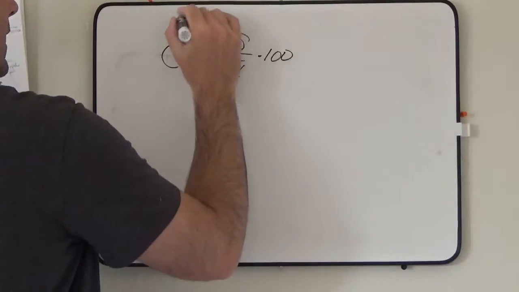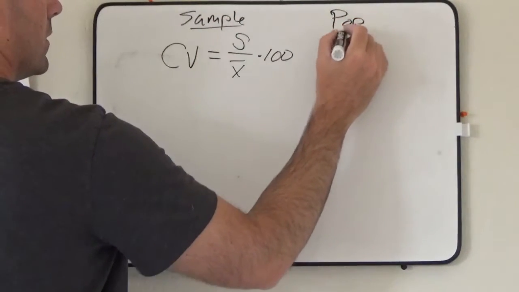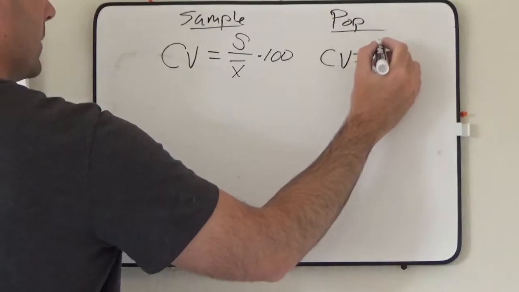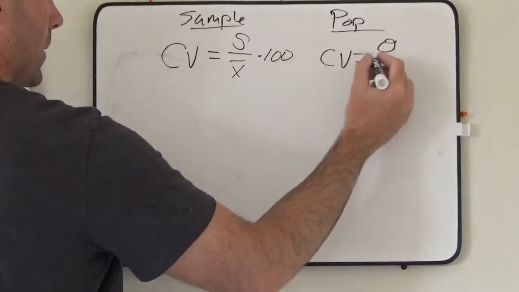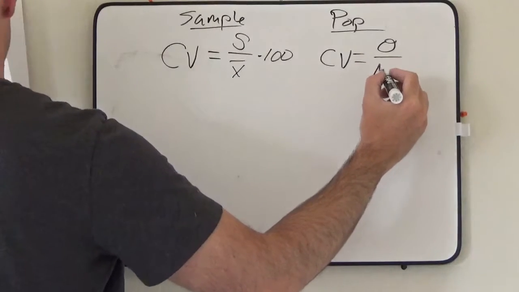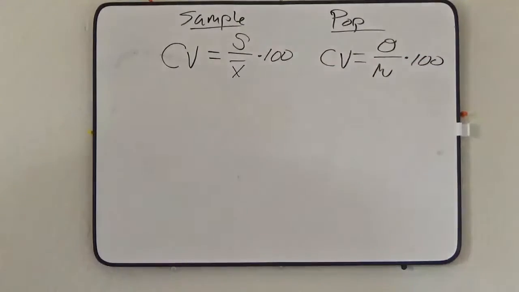And that is for our sample. For population, CV equals sigma, because it's the actual population, over mu for the mean, multiplied by 100. Basically the same formula, it just depends on what you're given.